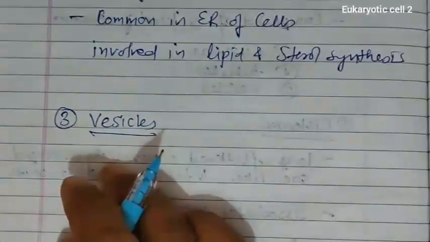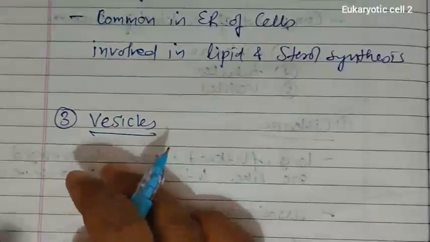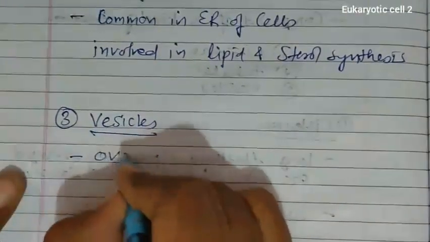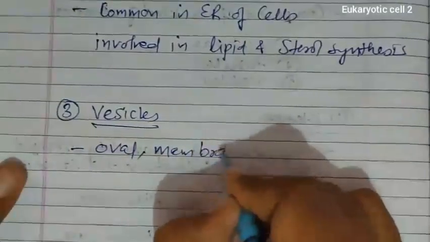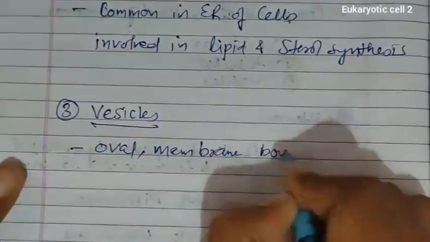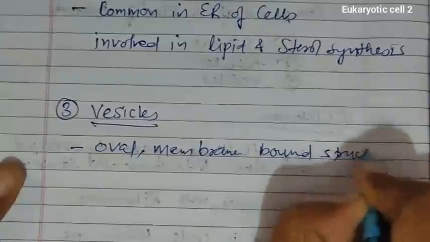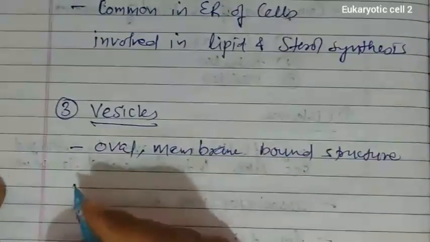Okay, third component is vesicles, and these vesicles are oval membrane bound structure.